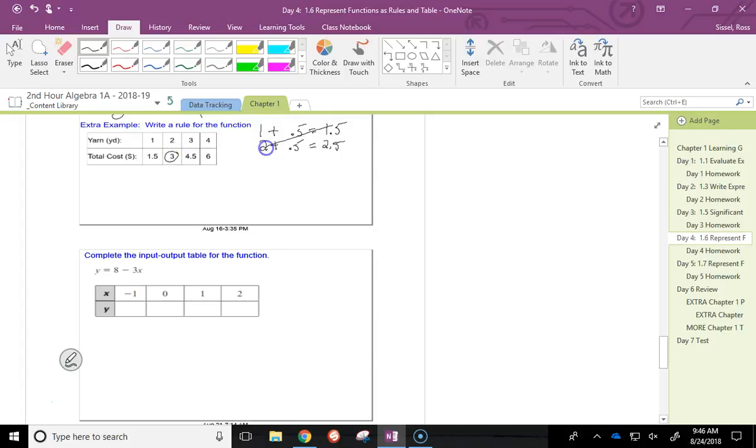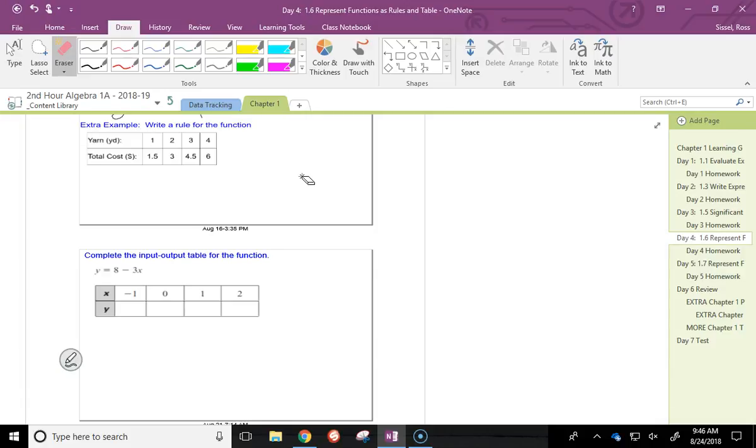So we know I'm not just adding. It's not a simple addition. If I look for what I can multiply, 1 times 1.5 will give me 1.5. So 2 times 1.5, well, that gives me 3.